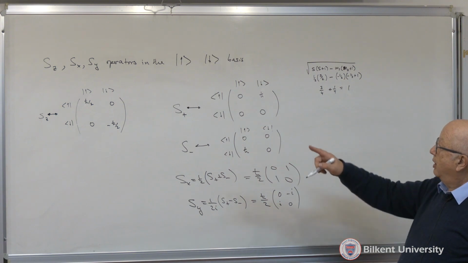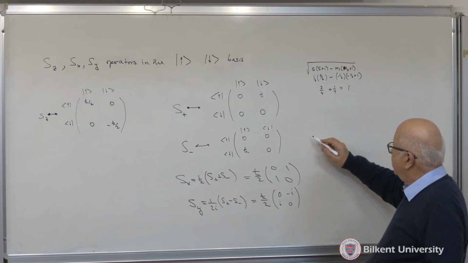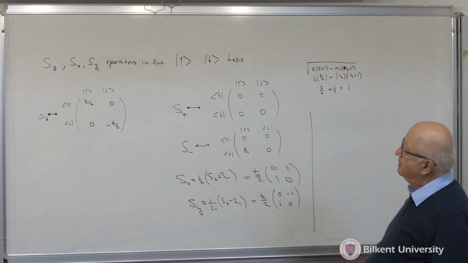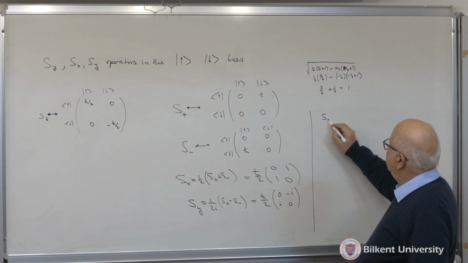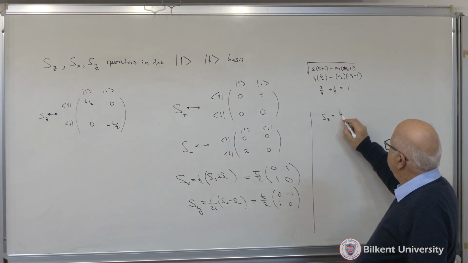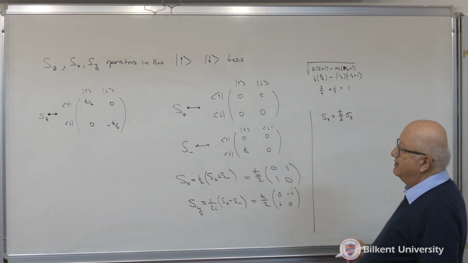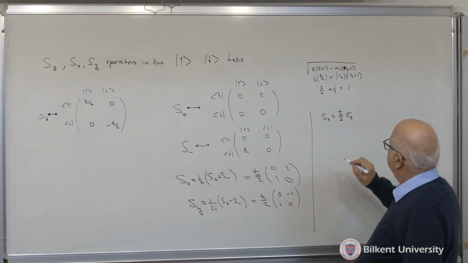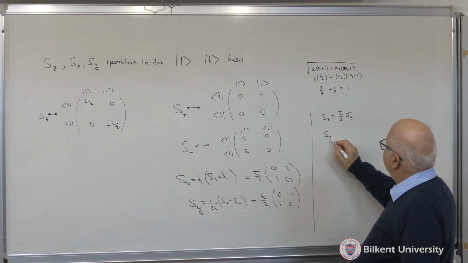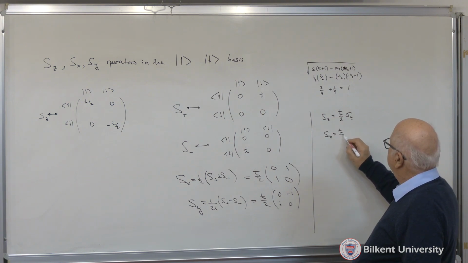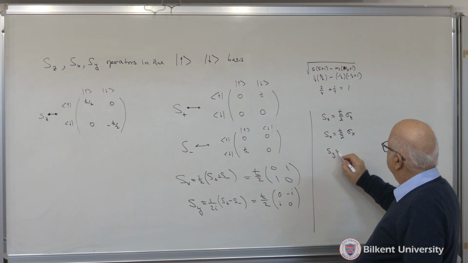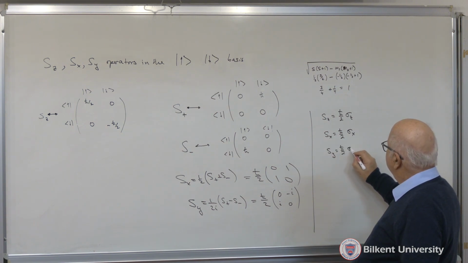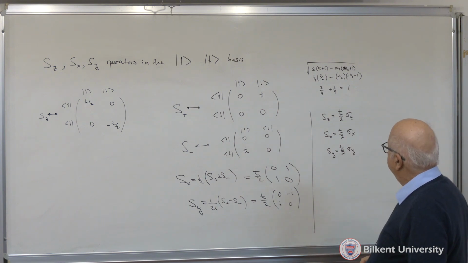Now, there is a customary way of writing these things. For example, Sz, we write it as h bar over 2 times the matrix sigma z, which is just going to be a simpler matrix. Sx is going to be h bar over 2 sigma x. Sy is going to be h bar over 2 sigma y.